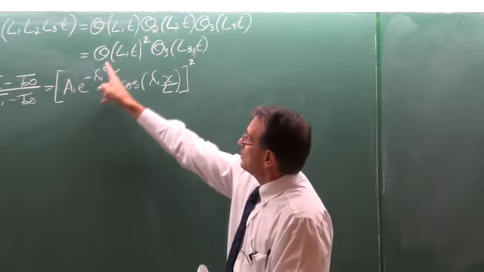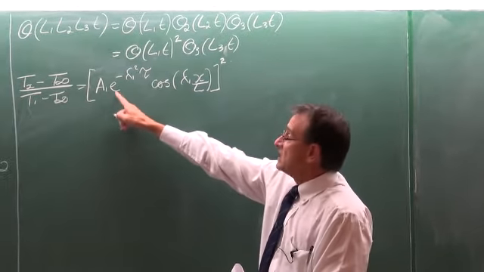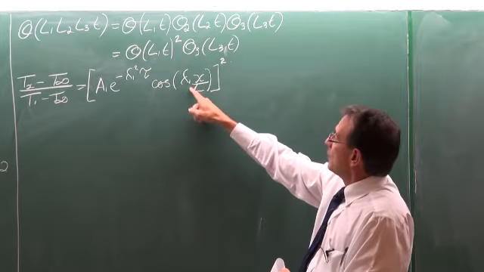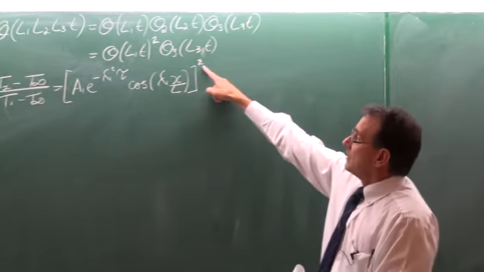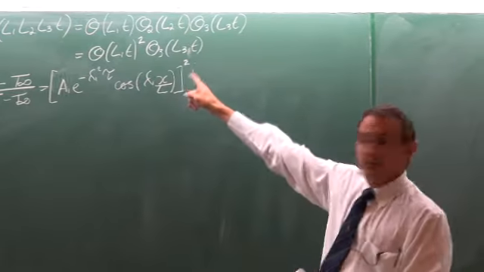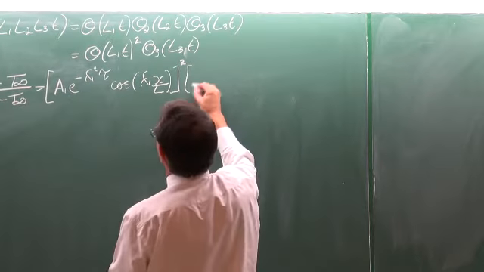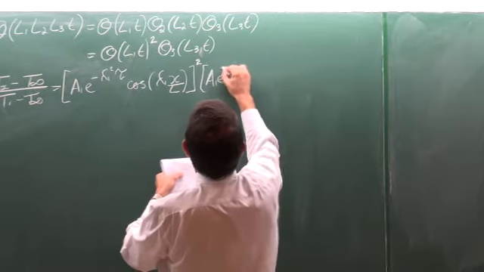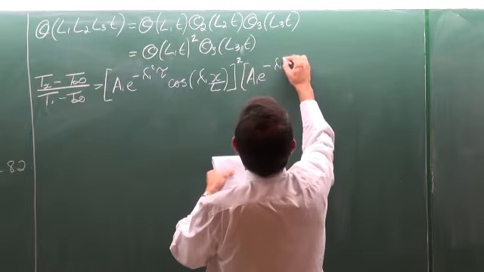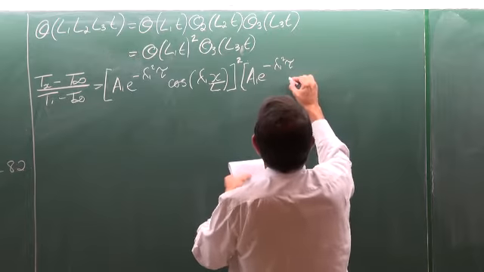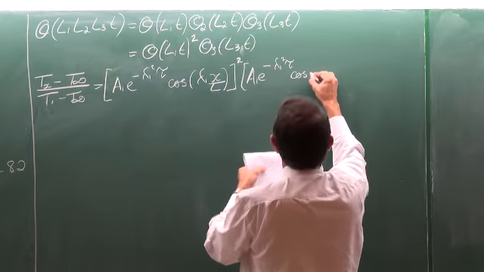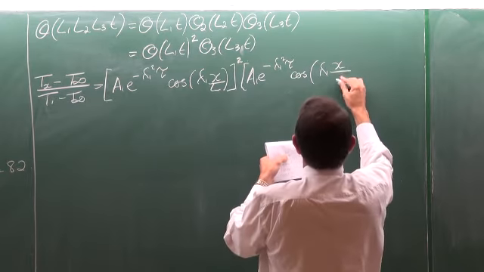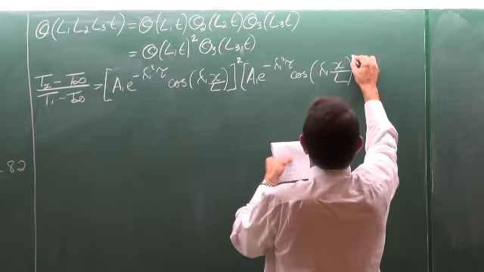So theta is equal to A1 e to the minus lambda 1 squared tau cos(lambda 1 x divided by L) squared, multiplied by, again, A1 e to the minus lambda 1 squared tau cos(lambda 1 x divided by L).